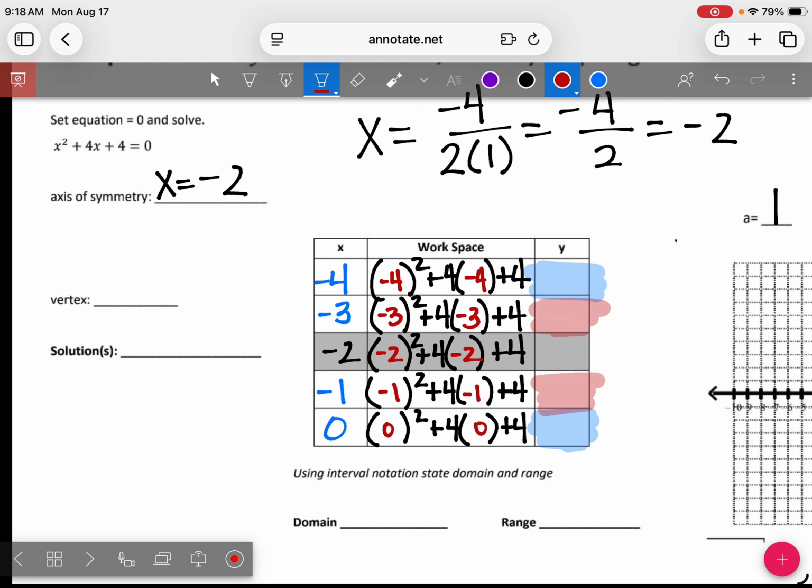Feels like it's clicking. Looking so much better than last week.